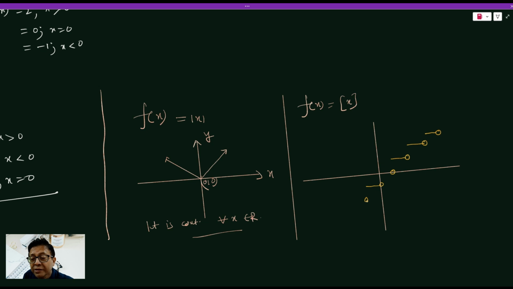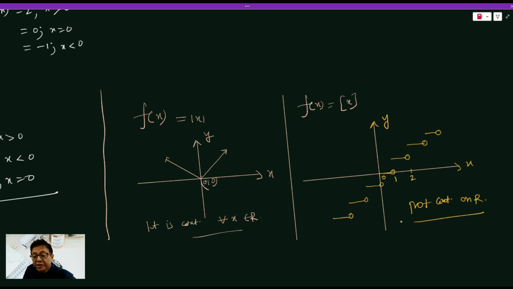And we'll say that the function is not continuous at the integral points. This point is 1. When you are trying to plot this, between 0 and 1 you can plot. If you say that it is continuous between 0 and 1, continuous between 1 and 2, I agree with you. But it is not continuous on R, as it is discontinuous at integral points.